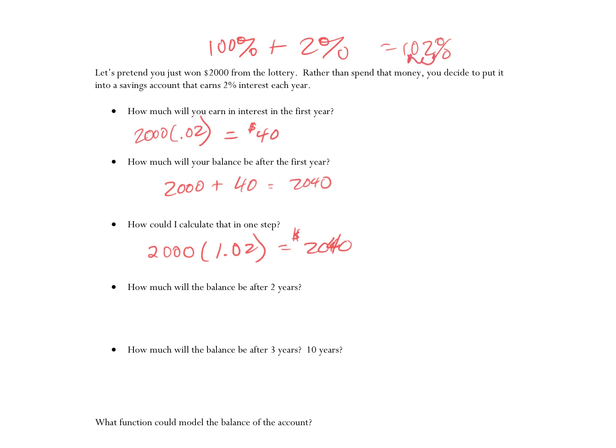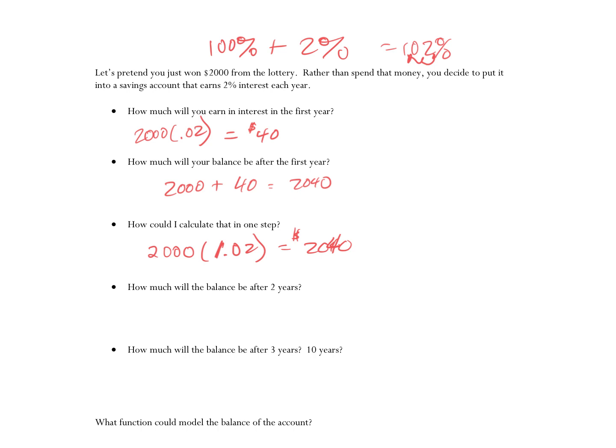Yes, but where's the 100? I see that the one in 1.02 is the 100. Why are you putting that there? Previously you did 2,000 parentheses and then the 2%.